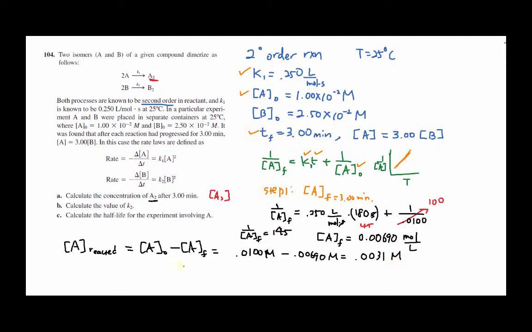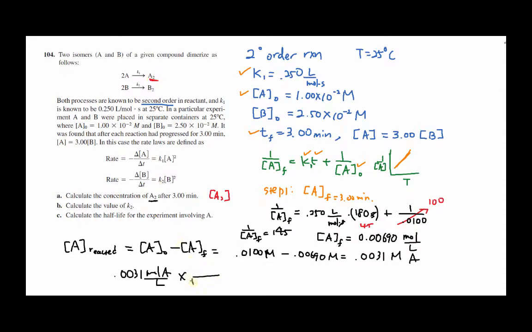Once you know that much molar concentration of A was used up, all you have to do is use a stoichiometric relation. So looking at our first equation, I see every 2 mole of A that react, you get 1 mole of A2.